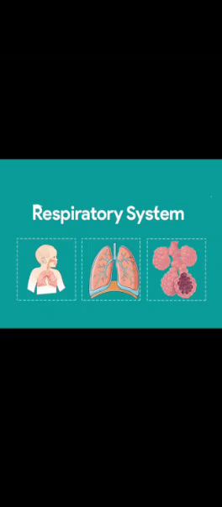When the air enters the lungs, our lungs expand and take the oxygen from the air. When we breathe out or exhale air, the lungs get back to their normal size. The exhaled air, which we release, is rich in carbon dioxide.